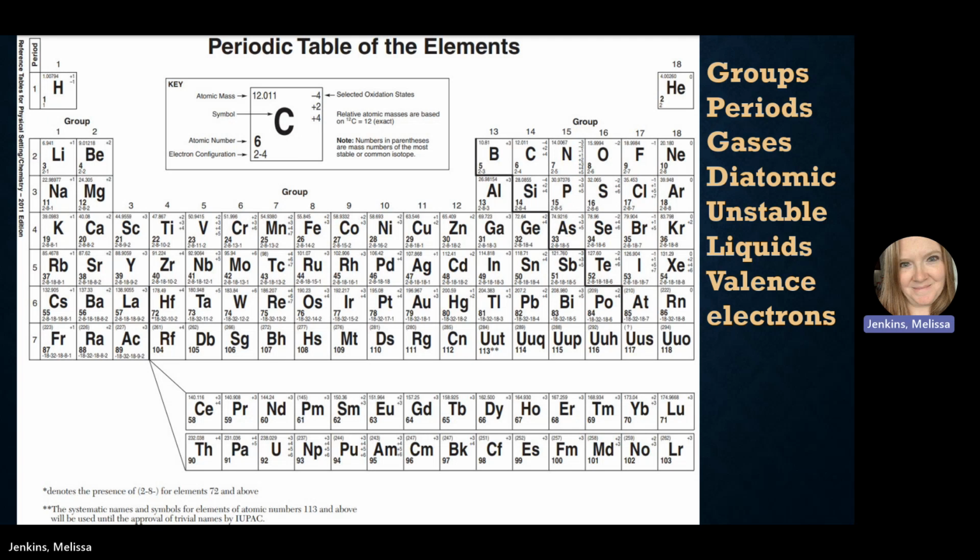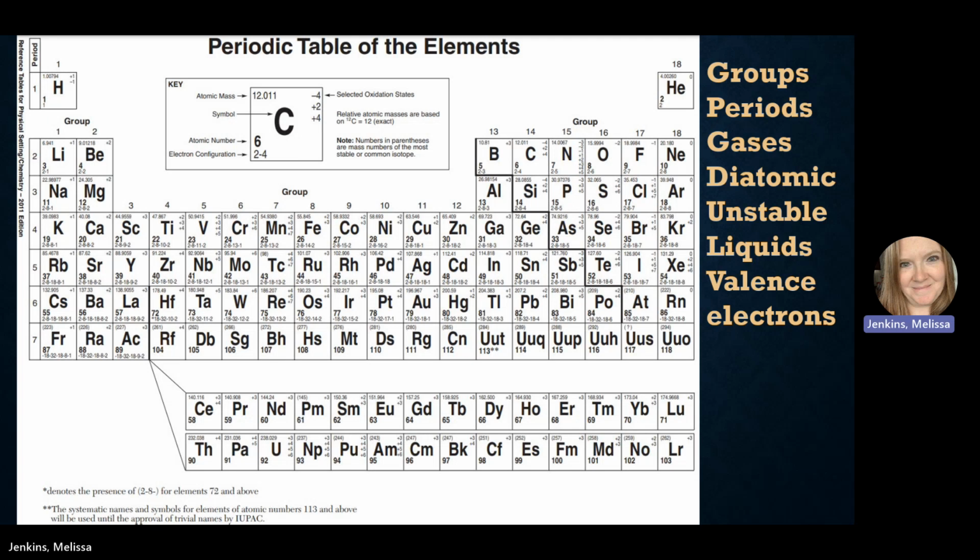Let's see, so we covered that. Okay, how do you find valence electrons from the periodic table? Good, it's the last number, right? And this indicates how many energy levels it has. So it has 2 electrons in energy level number 1, and this has 4 electrons in energy level number 2. You should definitely know that.